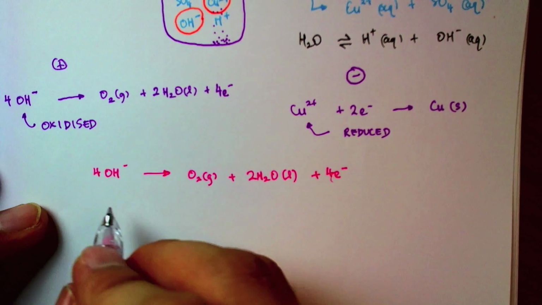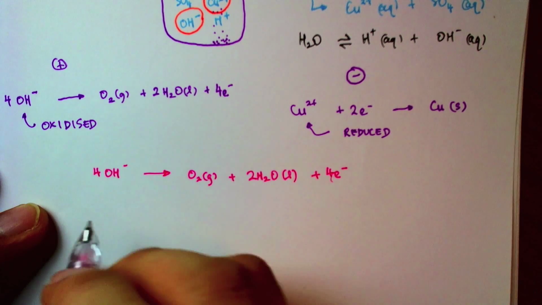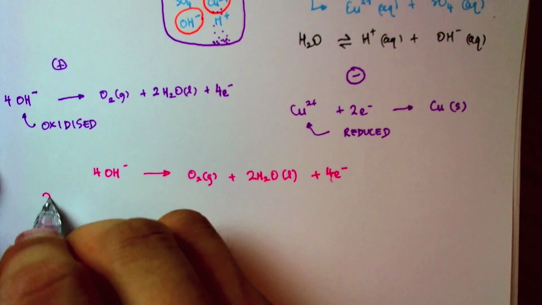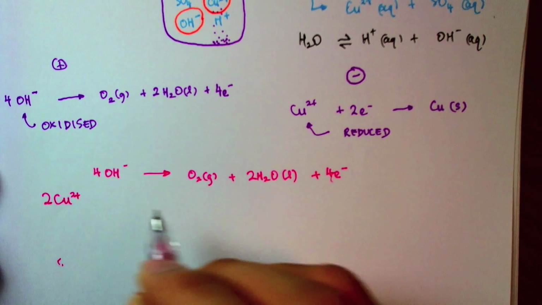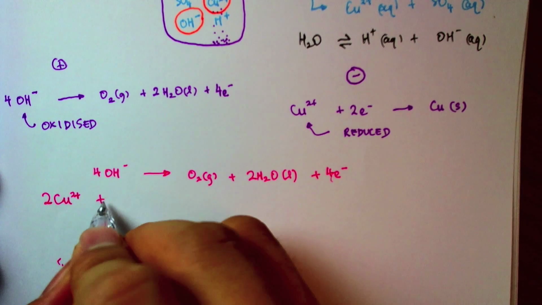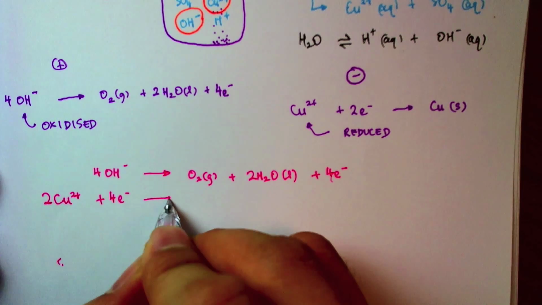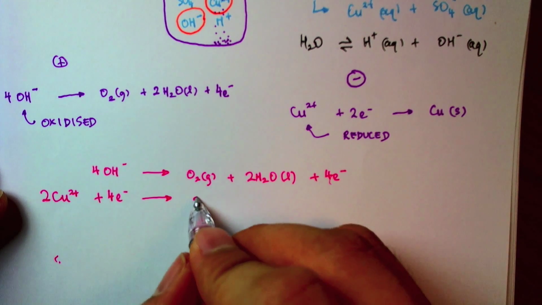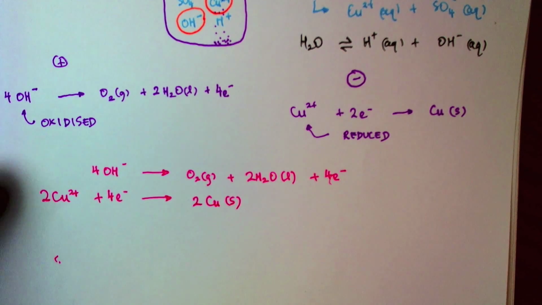So I will just do that on the fly here. Multiplying by 2 is going to give me 2 copper ions and 4 electrons, which is what I want, and 2 solid copper on the right side.